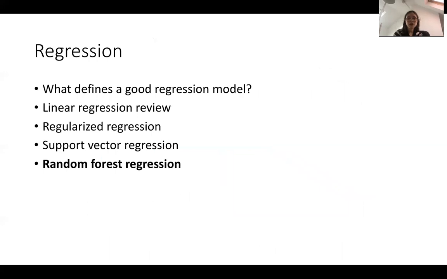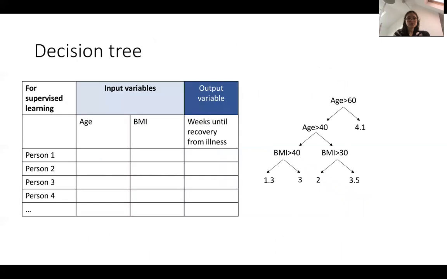Next, we'll talk about random forest regression. Recall that when we were discussing classification, we used this table to form a decision tree that helped us decide whether a patient was healthy or sick. However, we can also imagine making a decision tree where the values that it produces are numbers instead of categories.